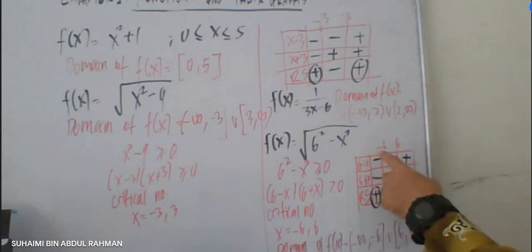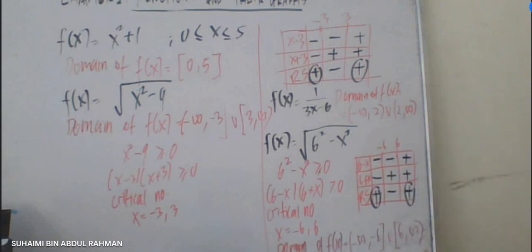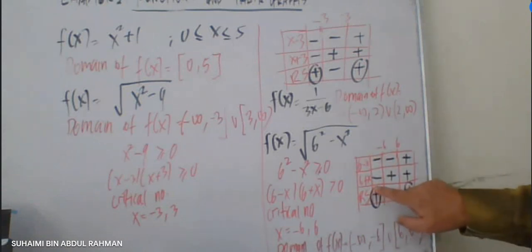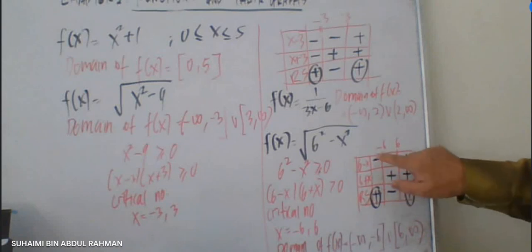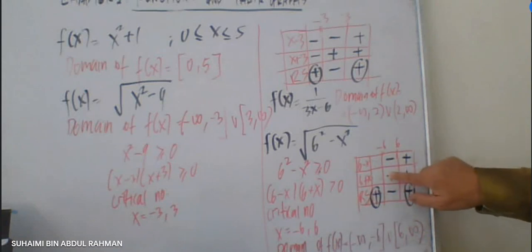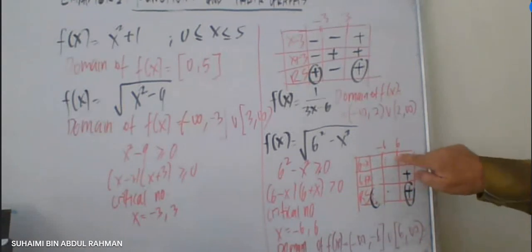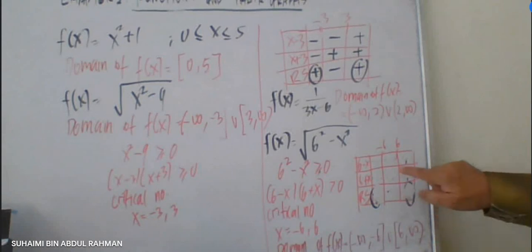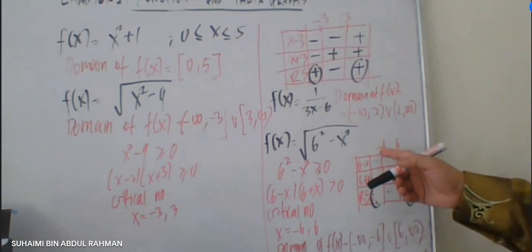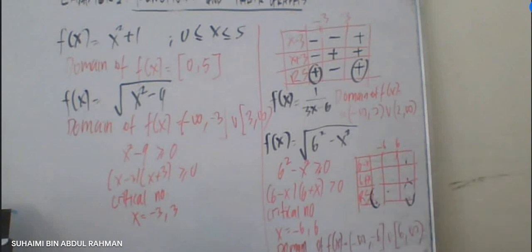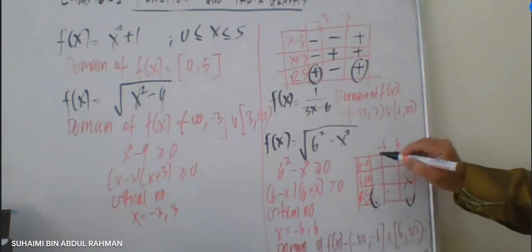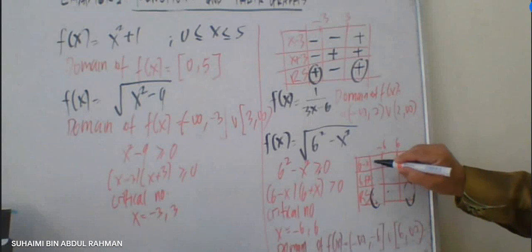Sorry, the sign diagram is wrong here. Sign is wrong. You try again. Take one value which is less than minus 6. You substitute here. It's positive, right? Let's say you take negative 7. You substitute.